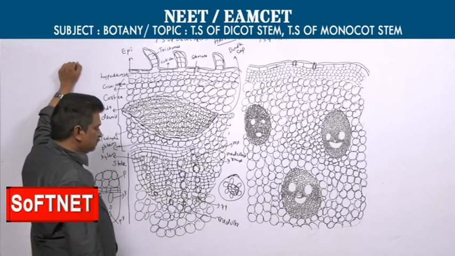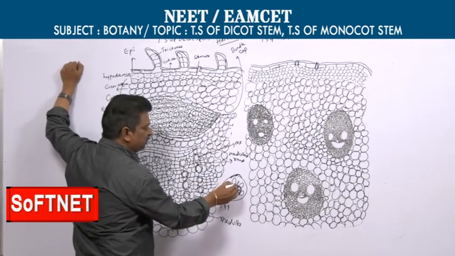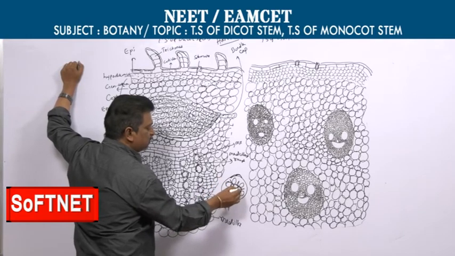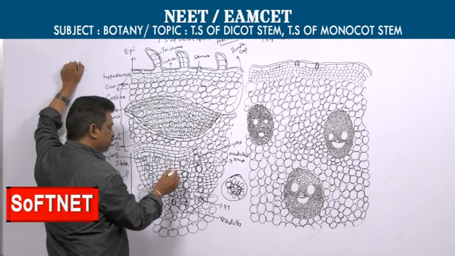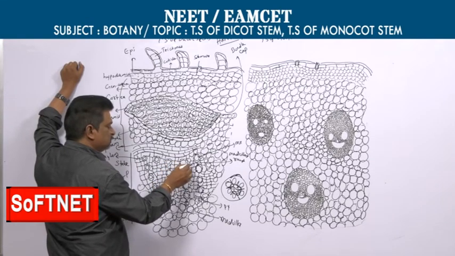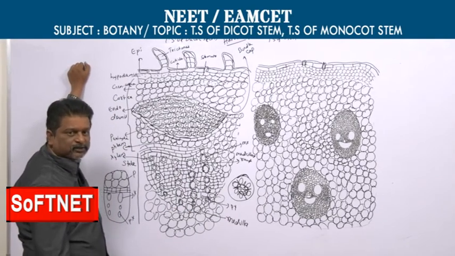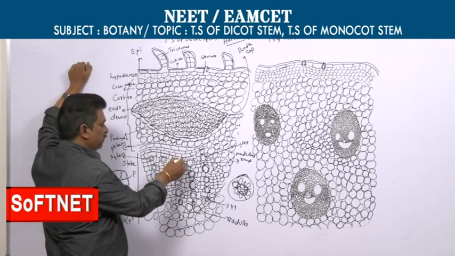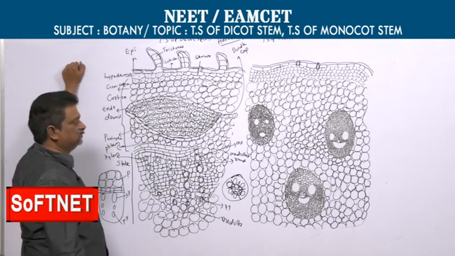Then some of the medullary cells extend in between vascular bundles and form medullary rays. Medullary rays are present only in dicot stem and gymnosperms.